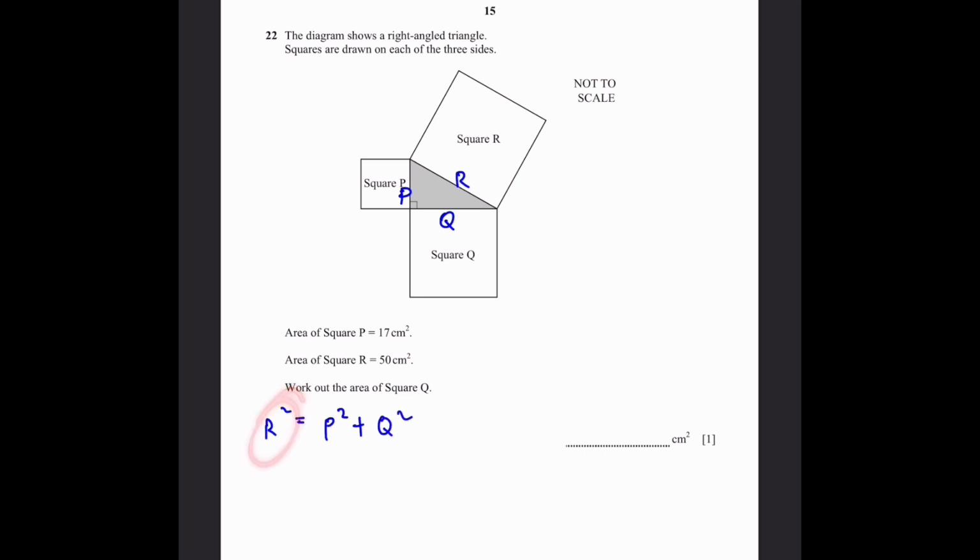R squared is equal to the area of square R, which is 50 cm². In the same way, P squared is the area of square P, so P squared is 17. And Q squared is the area of square Q, so we can just write Q.